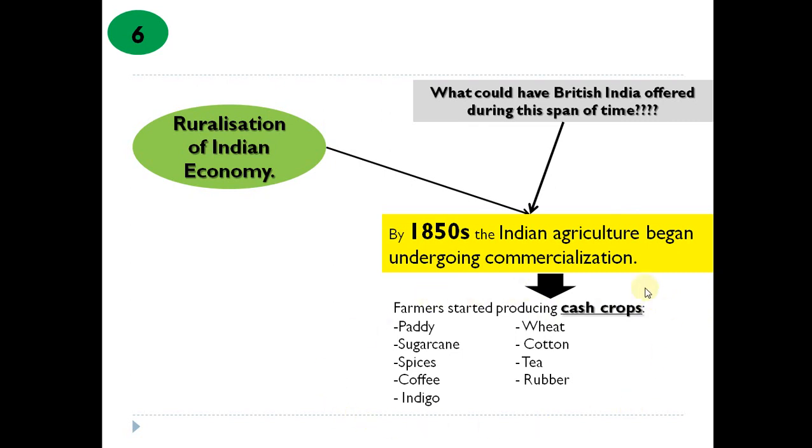These cash crops would be cultivated in plantations. They would be exported to the Western nations, England, USA, Canada, Australia. Traders would end up earning huge profits. Farmers can now at least expect to earn a good profit from growing these cash crops.